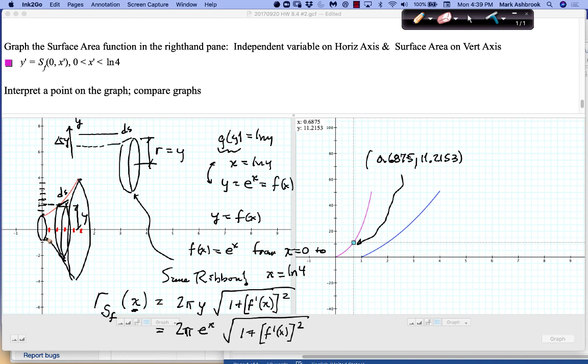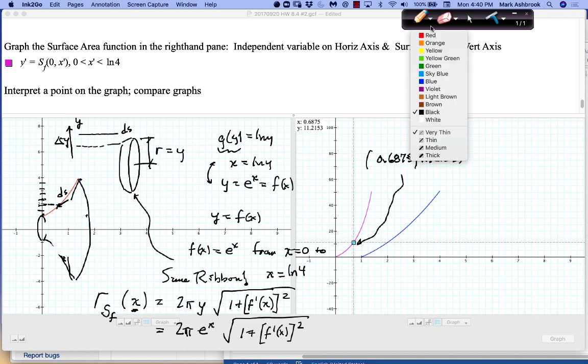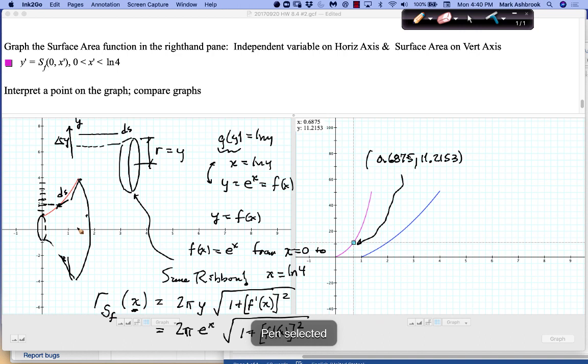So when x reaches 0.6875, the amount of surface area that's been generated thus far, and so let's actually draw that. Got my fancy multicolors here. Okay, so at 0.6875, which is about here, you draw it like this.